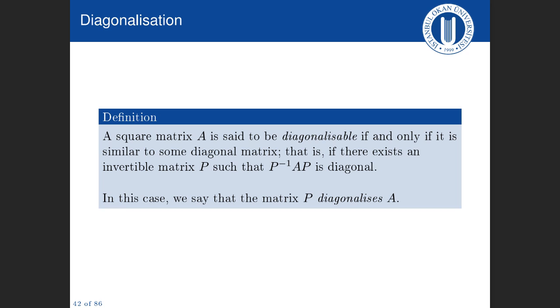If somebody asked you for the definition of a diagonalizable matrix, you would write that a square matrix A is diagonalizable if and only if it's similar to some diagonal matrix. That means there exists an invertible matrix P such that P inverse AP is diagonal. In this case, we say that the matrix P diagonalizes A.